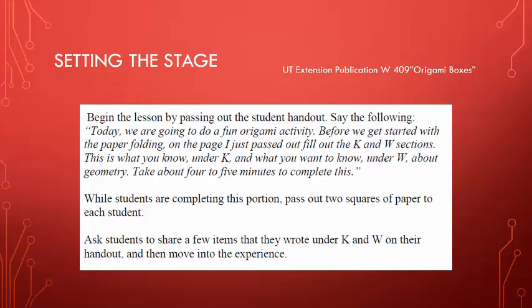So asking them, what do you already know about geometry and origami? What would you need to know about those things to be able to effectively fold particular shapes and then calculate the surface area? And then near the end of the lesson, we come back and complete the L as students reflect on what they've learned throughout the course of the lesson.